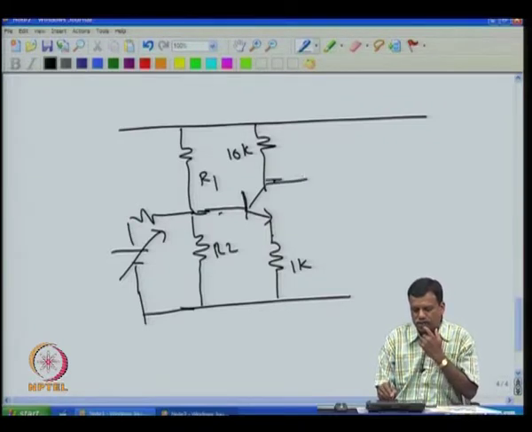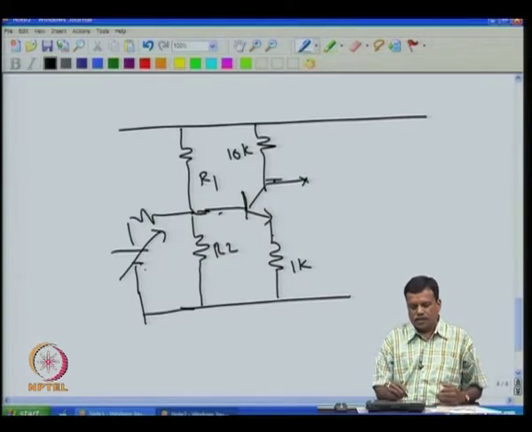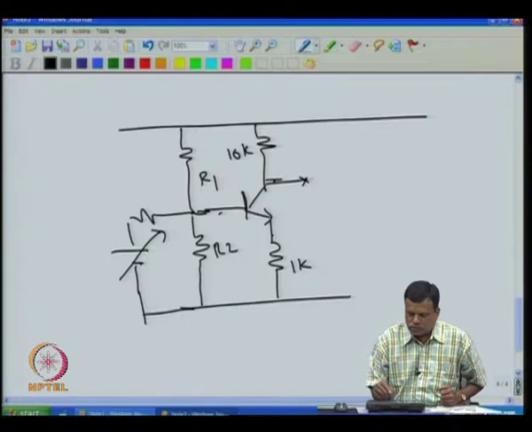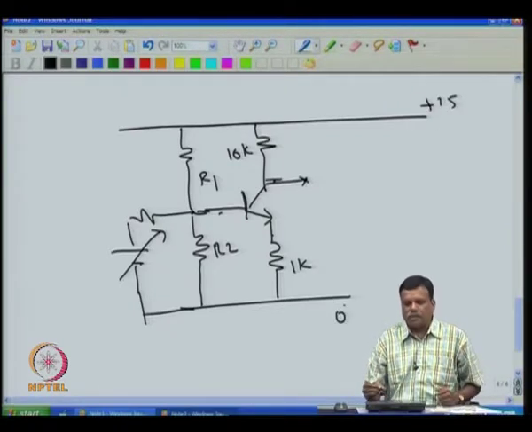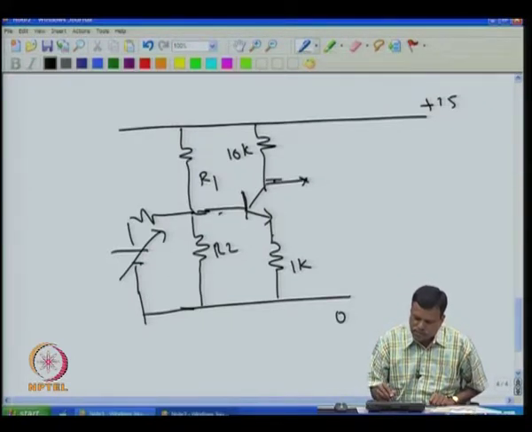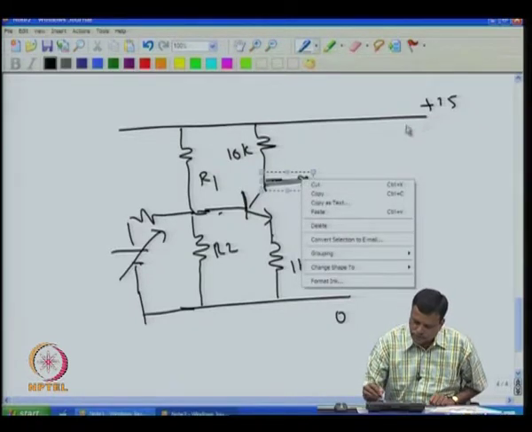Then this DC voltage will get amplified, and you will have more change than the change that you gave at this base. So by looking at this voltage, I can say what is the voltage that is applied here. This looks fine from a theoretical point of view. However, when they were using this, they found the voltage at this point was changing even if the supply voltage was changing also.